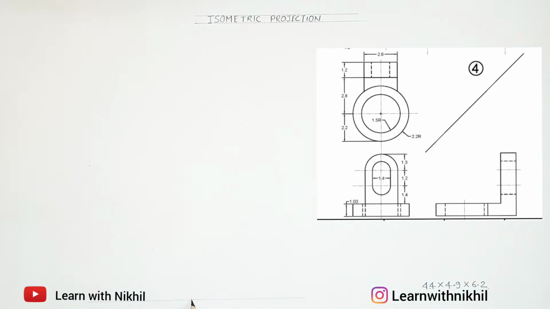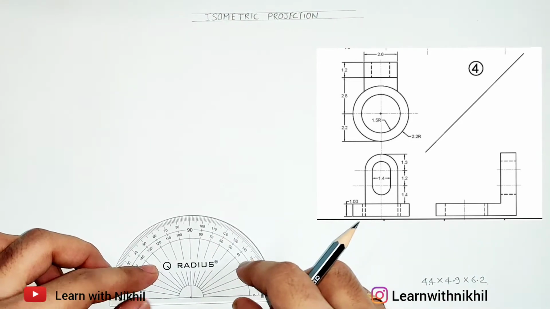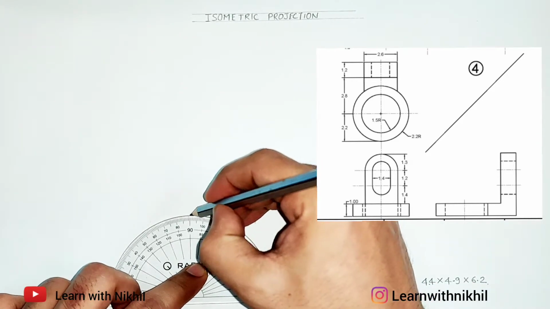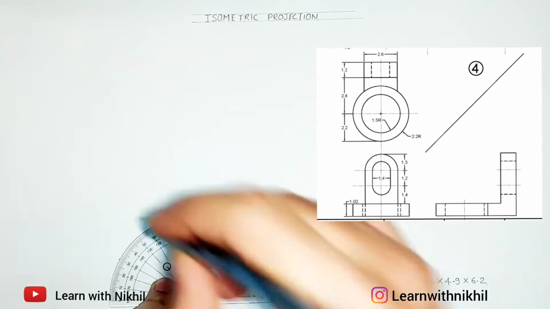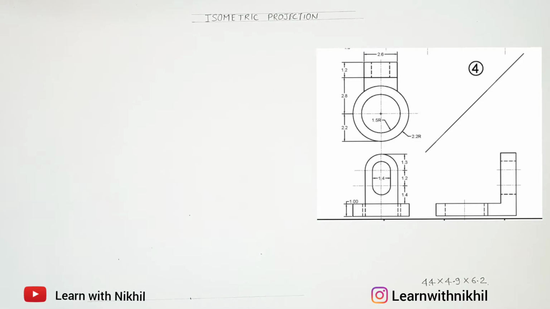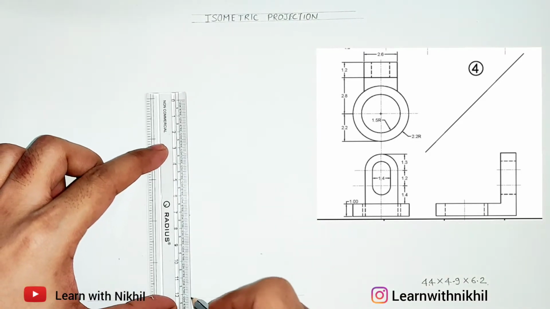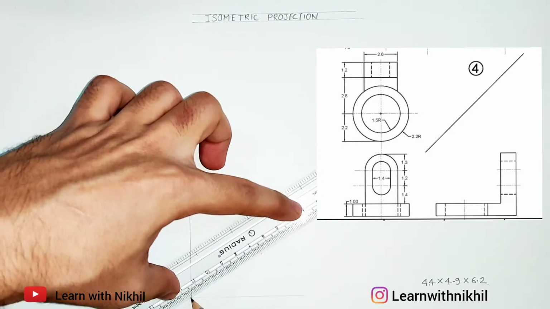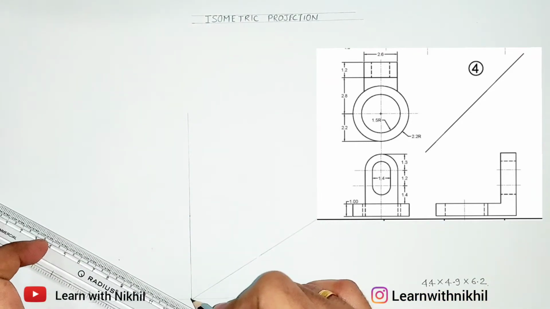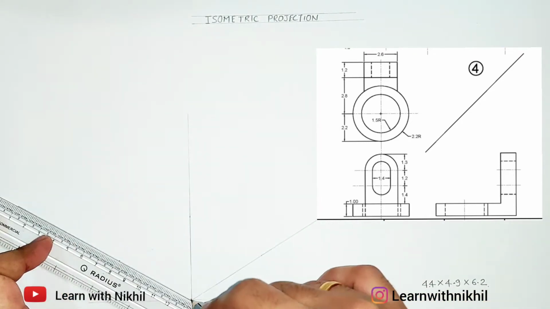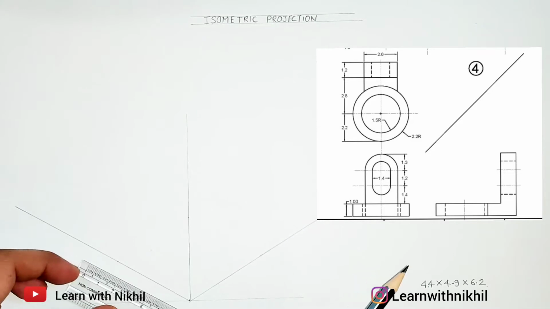Now next step, we'll draw a straight line. We'll draw three angles, that is 90 degree, 30 degree and 30 degree. We'll draw lines through them. So this side will be the front view.